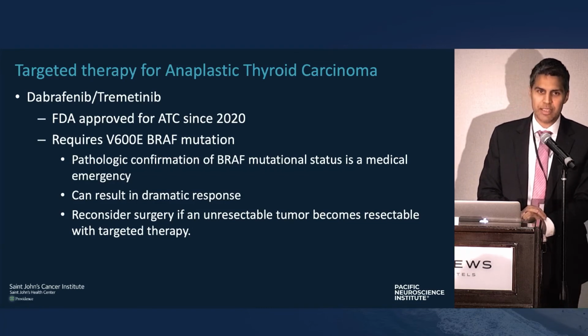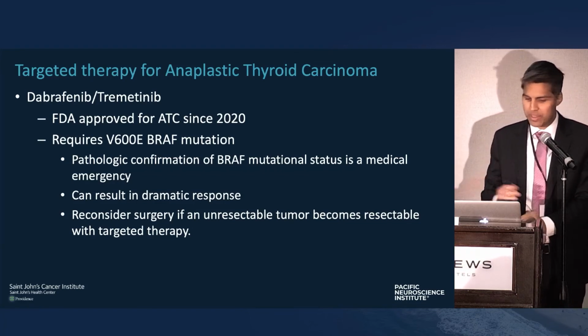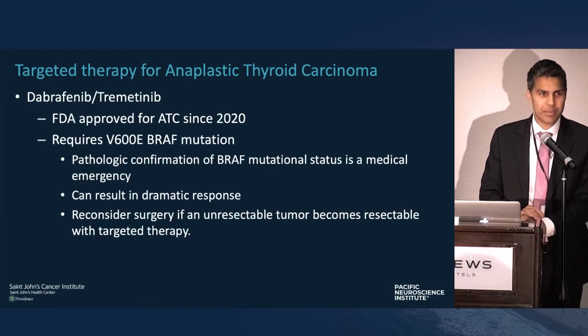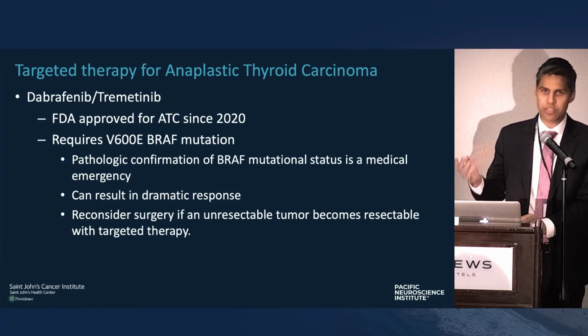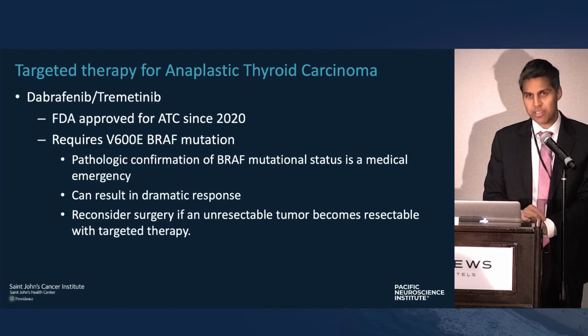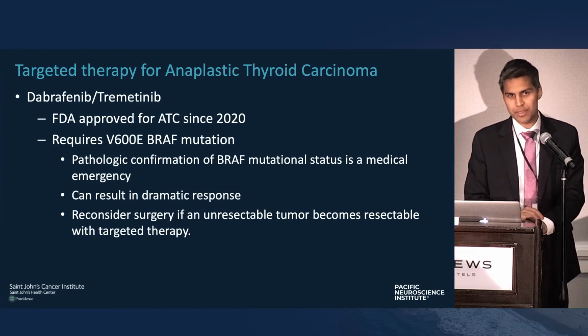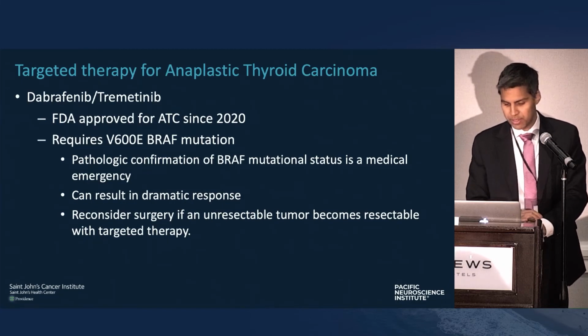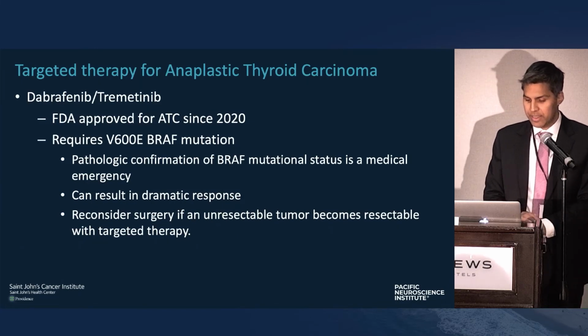The patient has an airway evaluation. They get a core thyroid biopsy, and the pathologists are in a rush to do immunohistochemistry to confirm their mutational status. If they have a BRAF mutation, unless they are eminently resectable, then that's probably going to be their first step, and it results in sometimes dramatic and sustained responses.